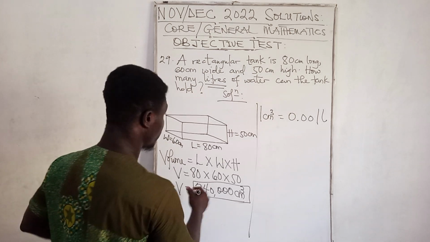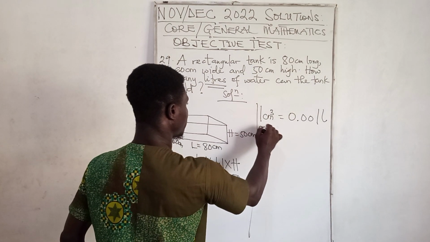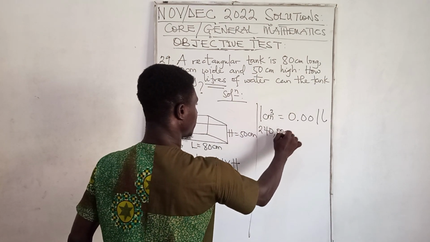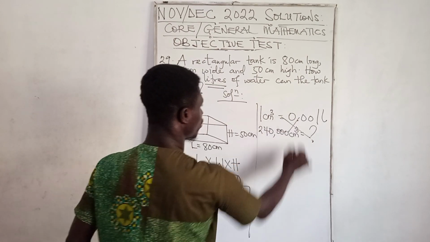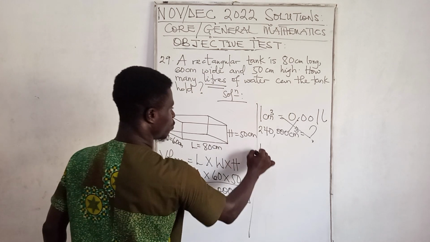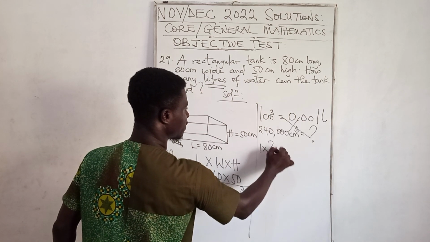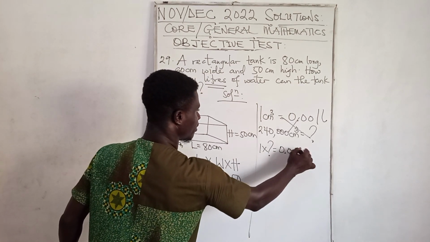So now my 240,000 cm cubed is equal to question mark. So we can do our cross product. So 1 times question mark equals 0.001 times 240,000.